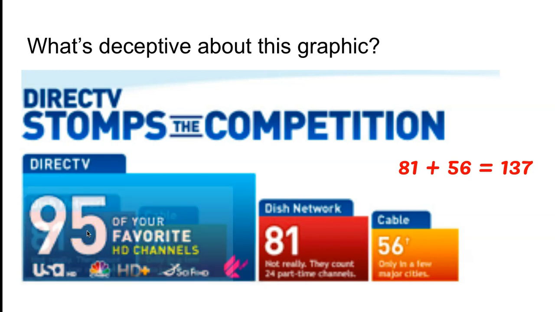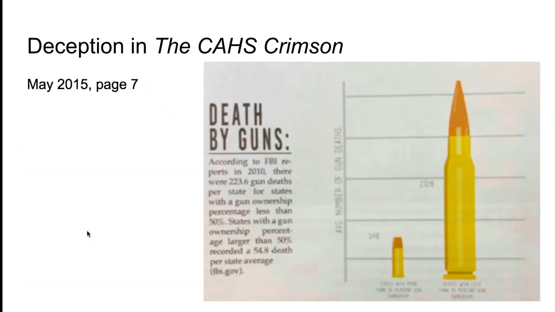I'll show you another example similar to this that happened in our very own Classical Academy Crimson newspaper. And this was back in 2015. It was on page 7 if you want to check my work.